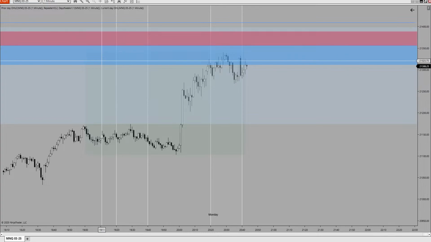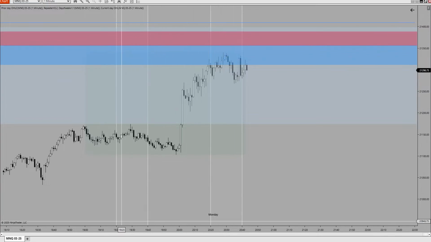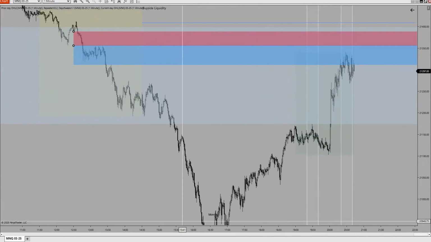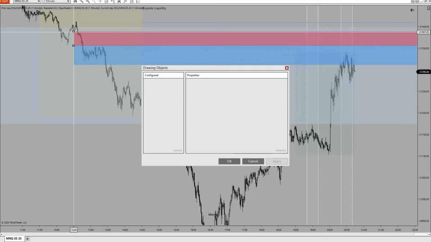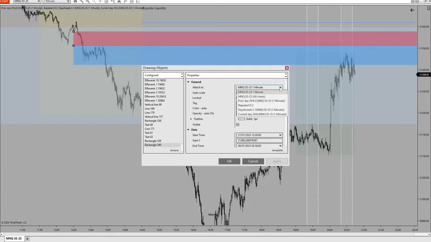Now, I have done these higher time frame markings. I would want to see them also on the 1-minute chart that I have. So what I'll do is I'll just select this box, go into properties, and now I will mark this one, all charts. So this selected area will show on all the charts that I have opened.